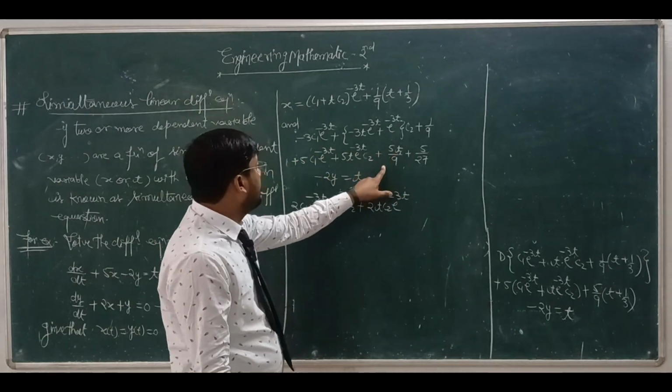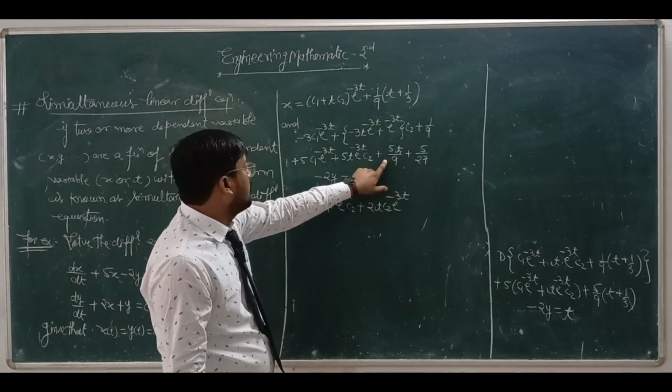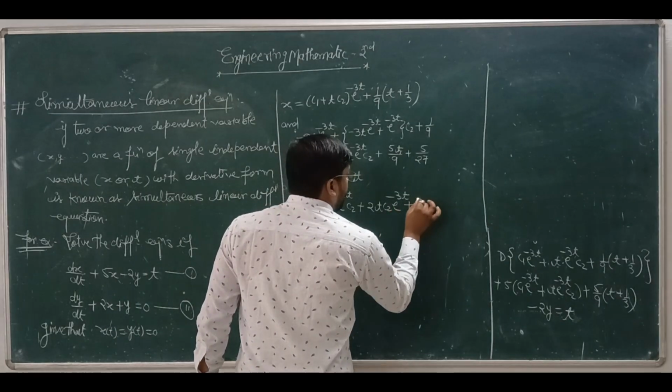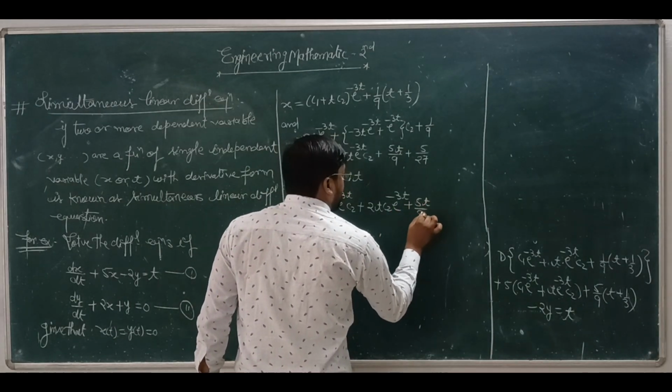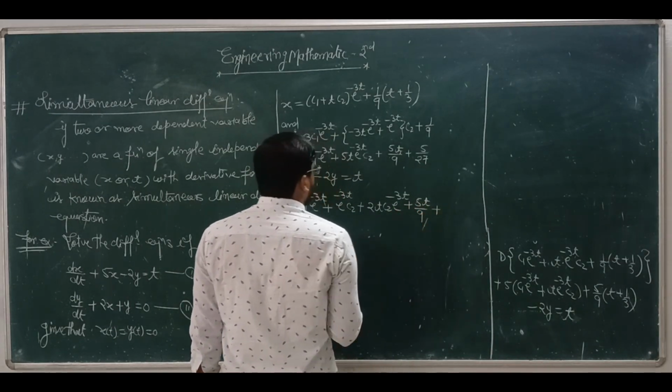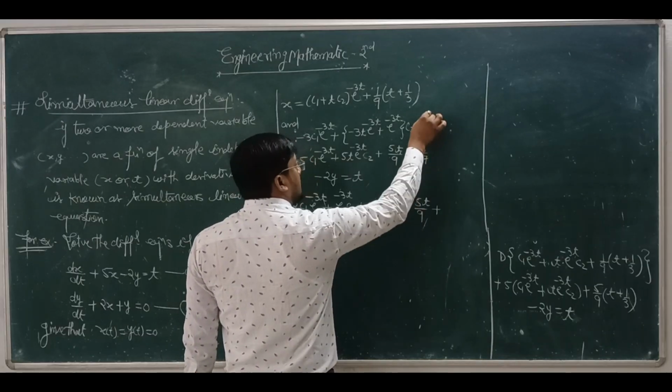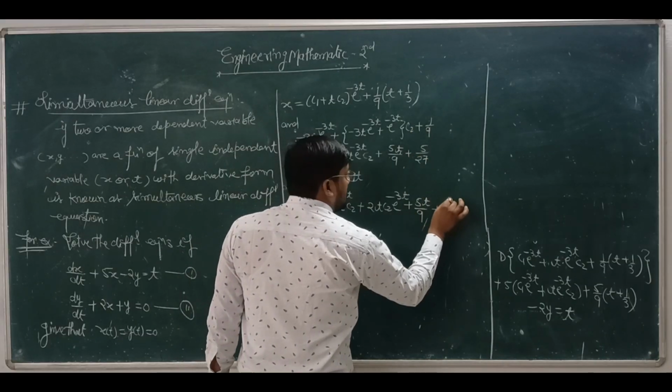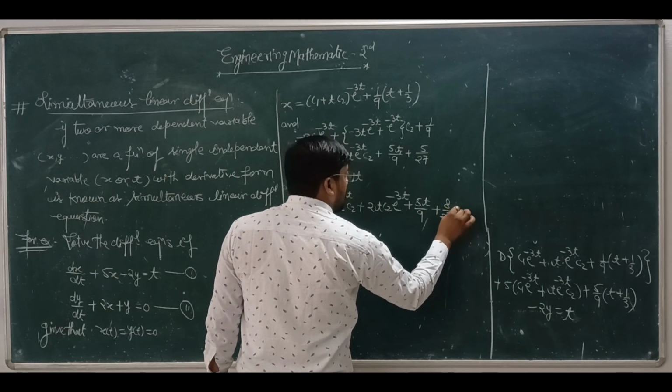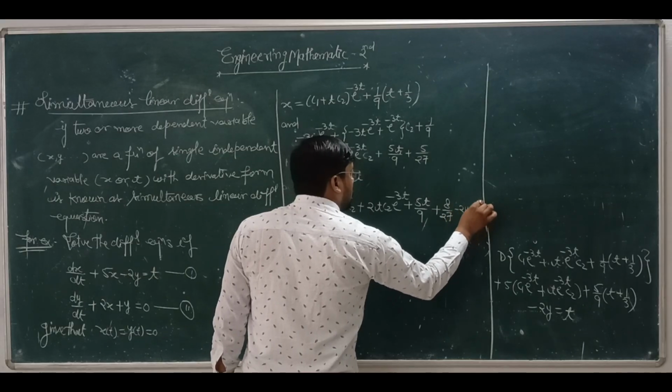Now you can write plus 5t upon 9 plus, you can solve this 3, 5, 8. This means 8 upon 27 minus 2y is equal to t.